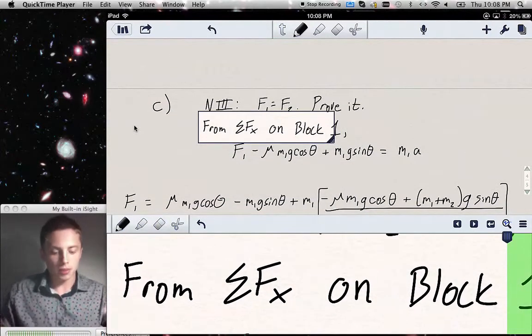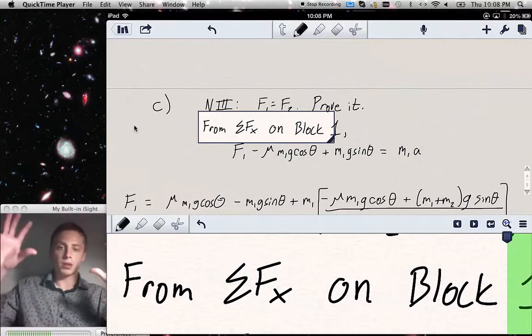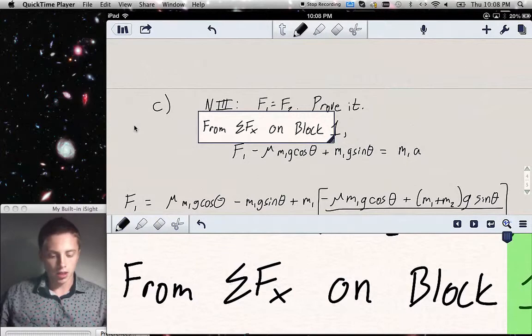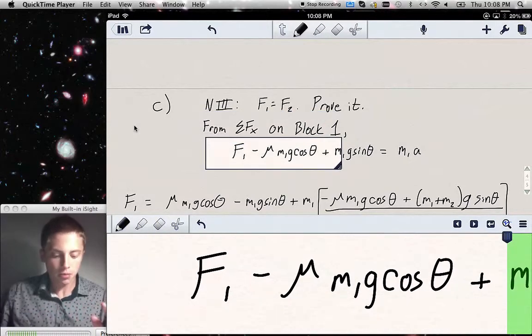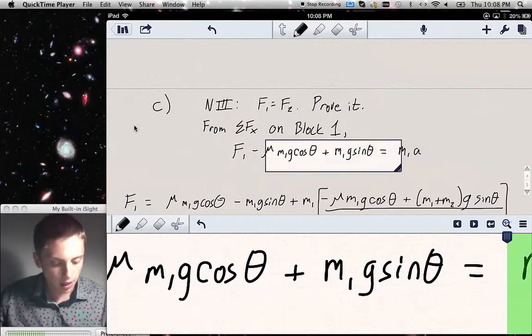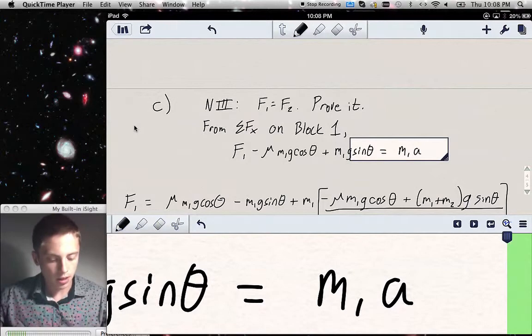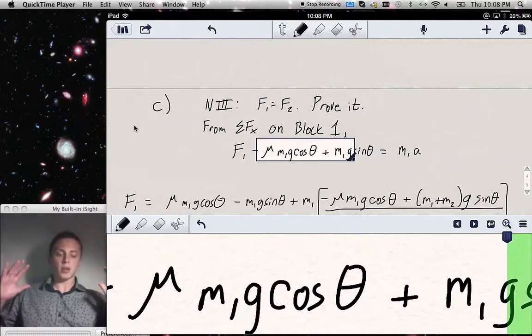and if we sum the forces on block 1, so we go back to block 1's free body diagram, and sum the forces in the x direction, we will get F1 minus mu m1g cosine theta plus m1g sine theta is equal to m1a, right? So you might say, okay, I got mu n1 here.